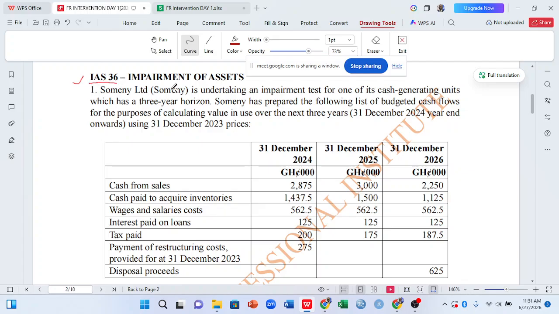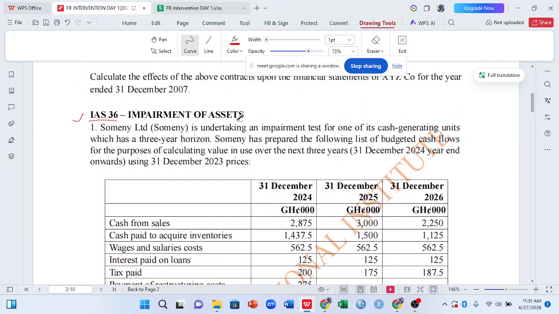IS 36, impairment of assets. So what should you expect the examiner to test you on? Number one, theory: the examiner can test you on the conditions for the indications of impairments. We have the internal and external conditions, so you should know that theoretically. Number two, impairment on a single asset, a single non-current asset.